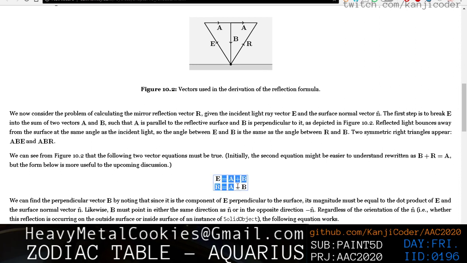So R equals A minus B. Okay. So if we go A and then minus B, that's kind of confusing, I'm a little bit confused there. I get A plus B, that makes sense.